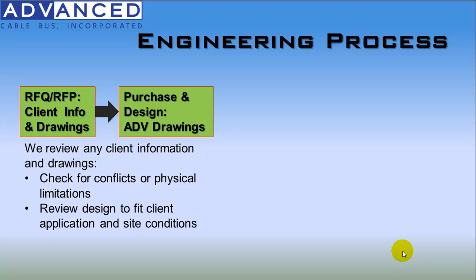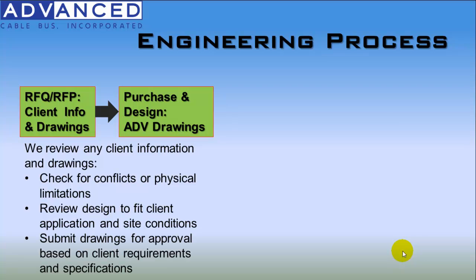We will review our design prior to submittal to ensure that what we submit will fit the application and fit the site conditions and fit the specifications. And we will submit a full set of drawings, including layouts and elevations, all the accessory drawings, as well as any other engineering data that is specified in the order.